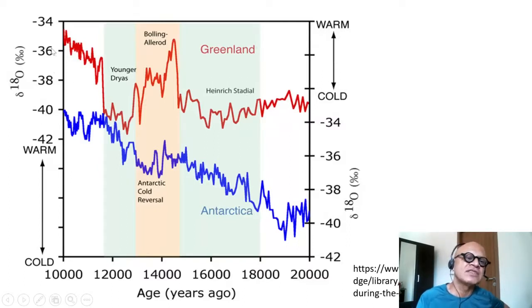So you have delta O18 again corresponding to cold and warm periods, and there is an approximately 1500 year kind of oscillation, not a perfect one, but nonetheless you can see that what is often referred to as the bipolar seesaw is seen in the Greenland and Antarctic records.